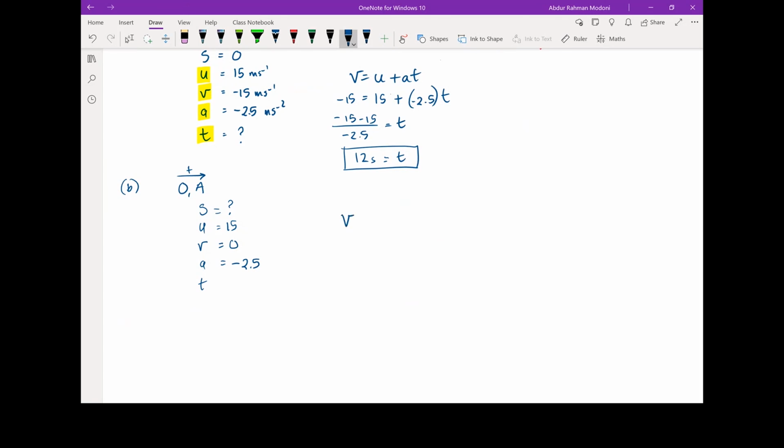So the equation that I can use here is V squared is equal to U squared plus 2AS.